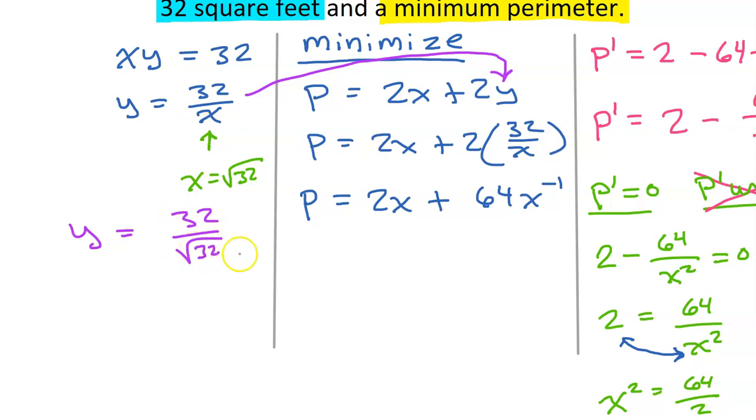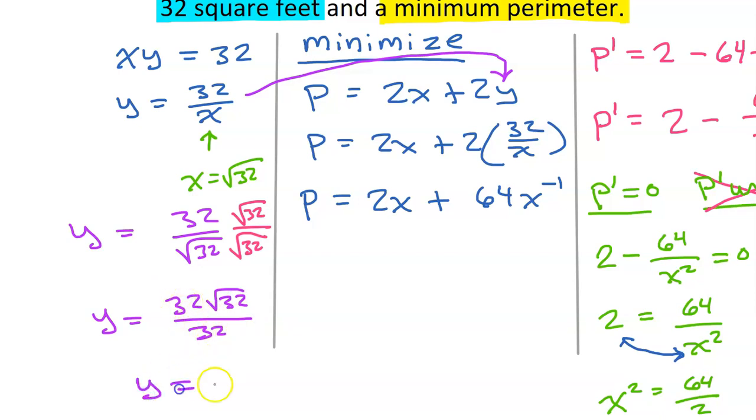If we rationalize by multiplying by radical 32 over radical 32, we get y equals 32 radical 32 over 32. And we notice that the 32's cancel each other out. So that leaves y equals radical 32.